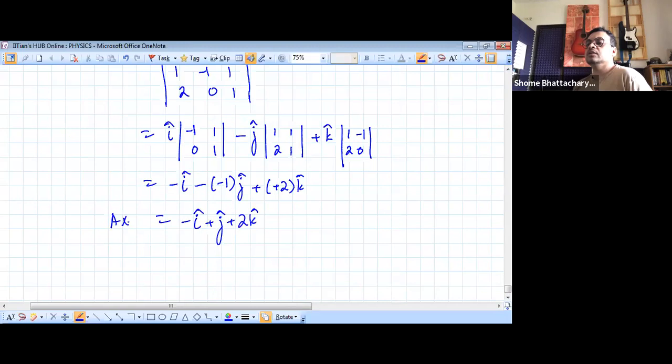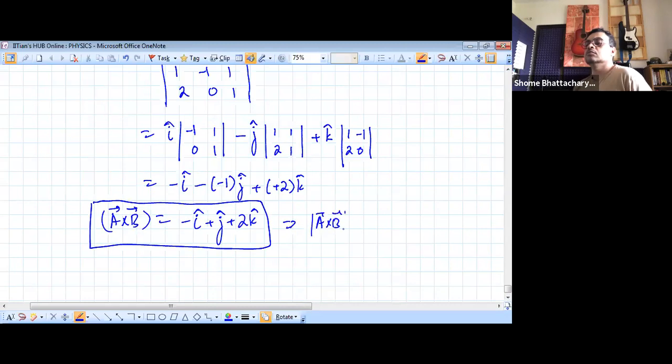So this is our A cross B in IJK form. And therefore you can see its magnitude is equal to square root of 1 plus 1 plus 4. So that is root 6.